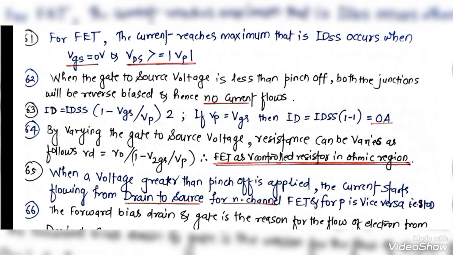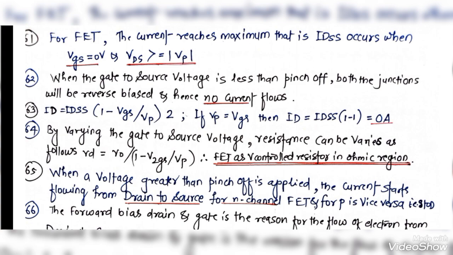For FET, the current reaches maximum, that is IDSS, when VGS, that is gate source voltage, is 0 volts and drain source voltage is greater than or equal to Vp.